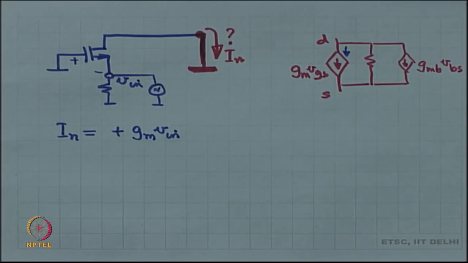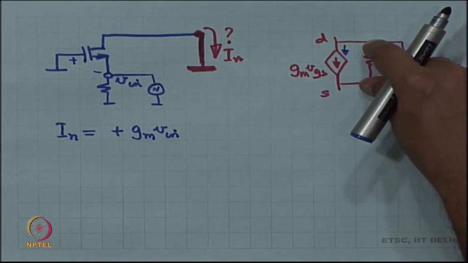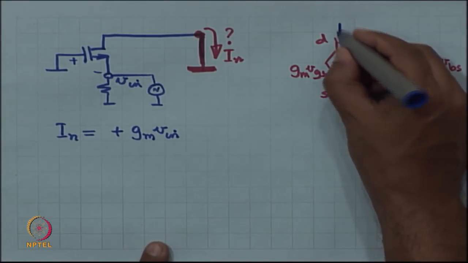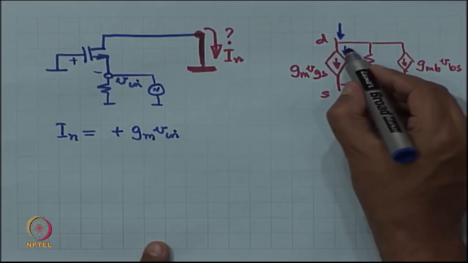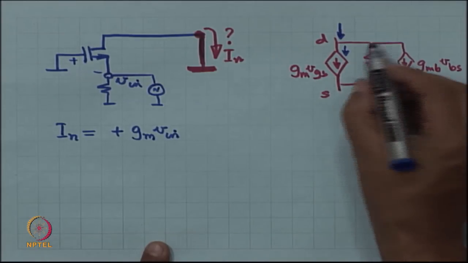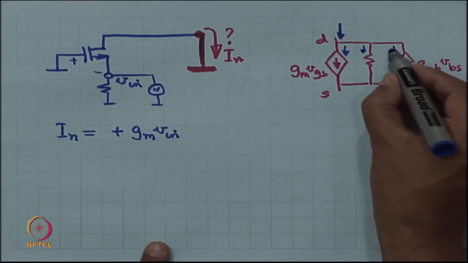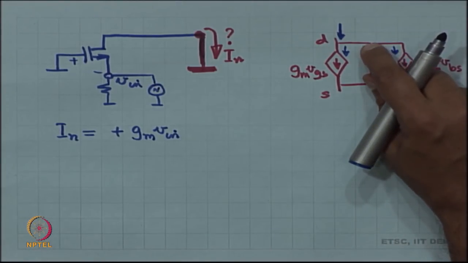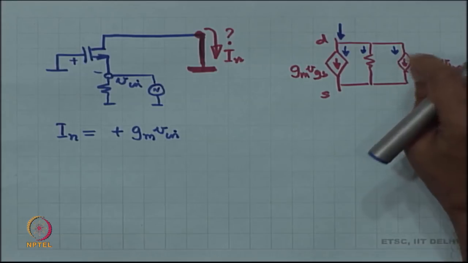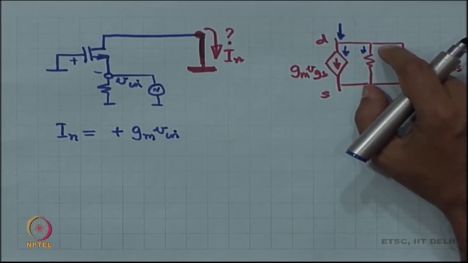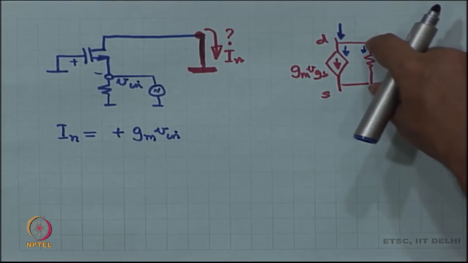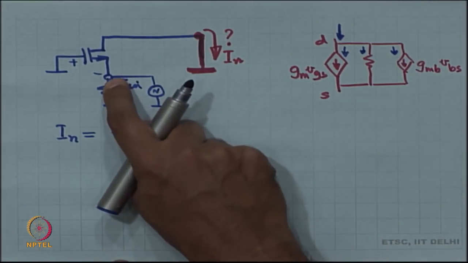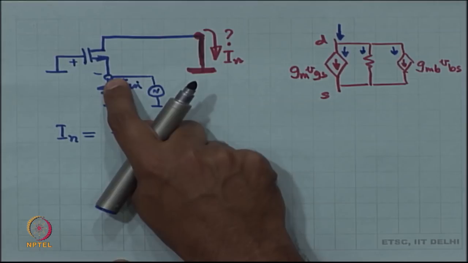All right. Then the next portion, there is an RDS. So, I am trying to evaluate this total current. This total current has 3 components. One component is GM VGS, one more component, one by one. There is another component RDS, and RDS is going to carry the current because of voltage between drain and source. So, the source is at V in, right.